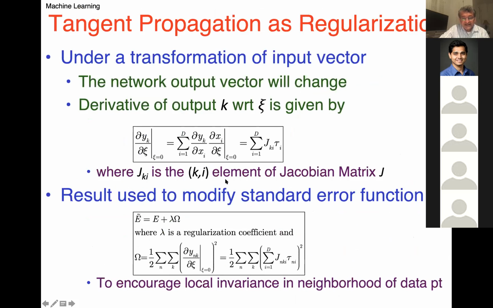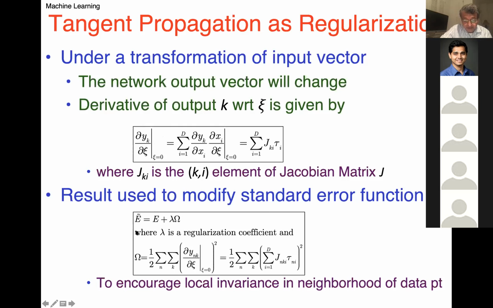So using that idea, under a transformation of the input, the network output will change. The derivative of output k with respect to psi is given by d y_k of d psi. This shows J, which is the criterion function, the loss function, and the transformation we just talked about. And this derivative of output k with respect to psi is given by this, and the result is used to modify the standard error function.